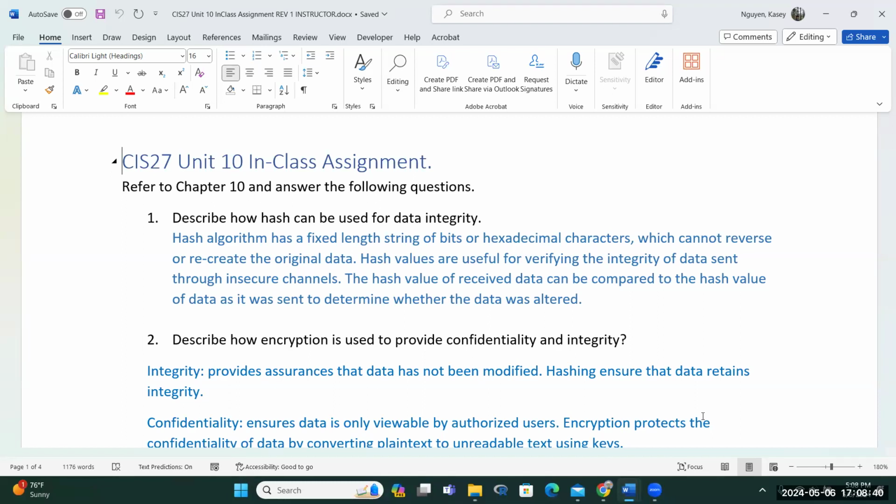So if I created file 1 and I'm sending that to you, my file 1, when I save it, would have a hash value. That hash is then compared to the hash value you check when you receive file 1. If it's exactly the same, then it has integrity. It hasn't been changed, right? So we can use that to determine if the data is altered.